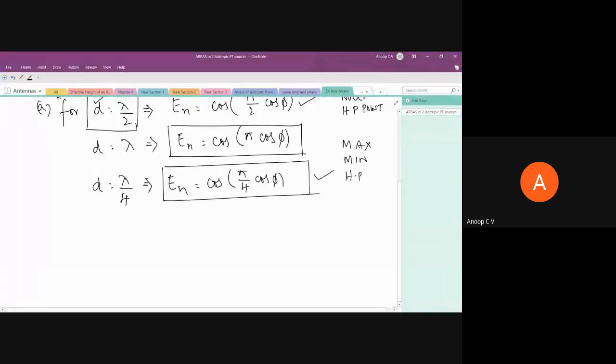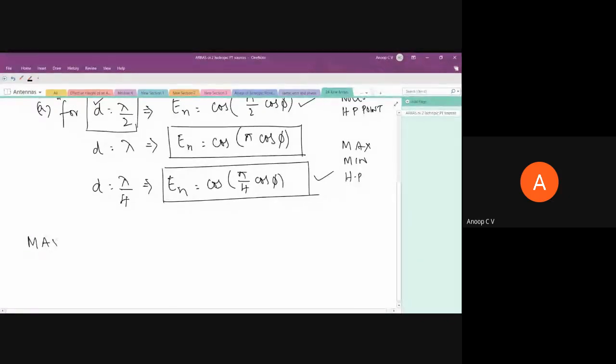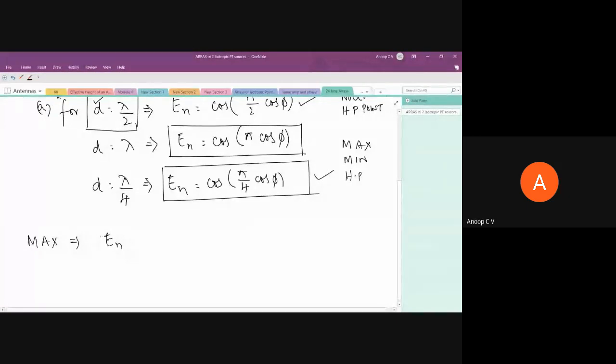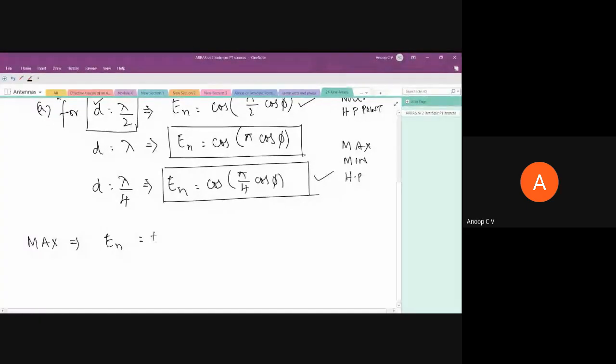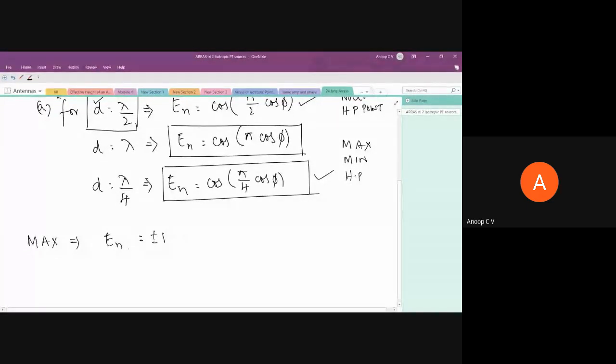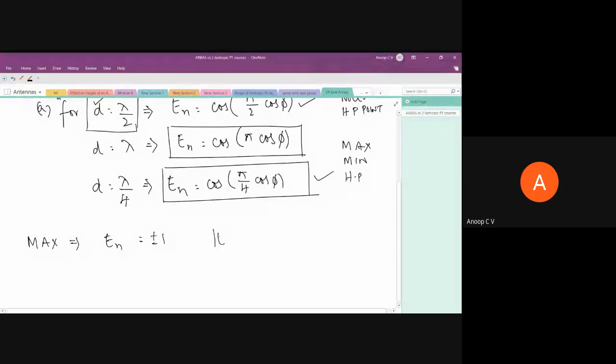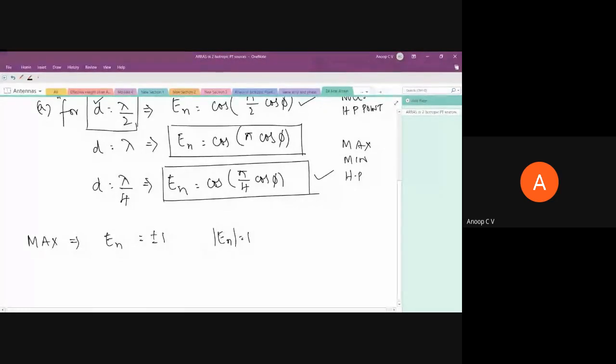In general, if you have to find maxima, you should equate En to be equal to plus or minus 1. For which values of phi will En be plus or minus 1? In other words, I can write mod En is equal to 1. Both are actually the same.